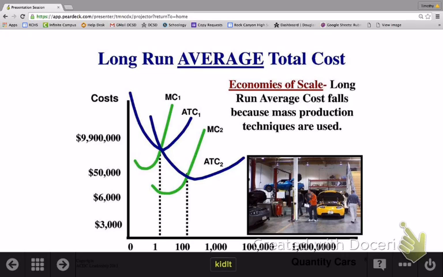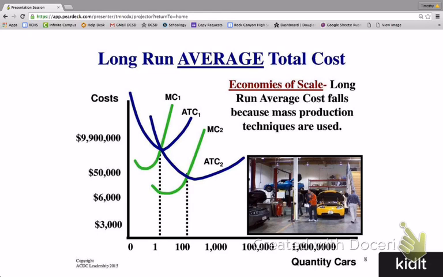Now, we said what happens in the long run is that firms have different short-run average total cost curves. And depending on the fixed cost that it chooses over the short run, that's going to change its short-run total cost curve, thus making a family of short-run average total cost curves, each one U-shaped and each one having a different marginal cost curve.